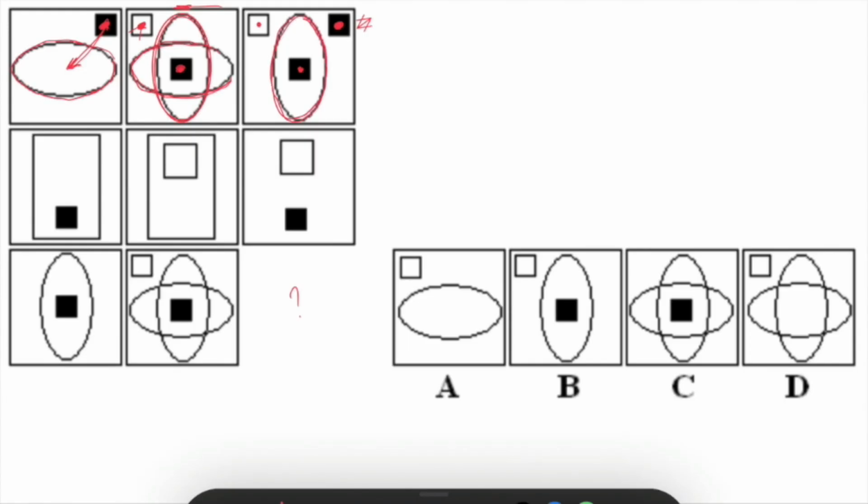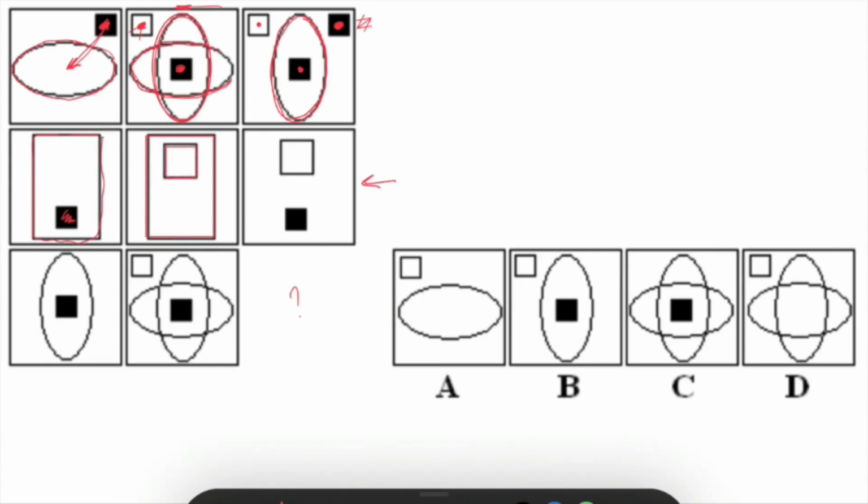In the second row, let's study this row. In the first box we have a big rectangle with a black box at the bottom. We kept the same rectangle, but we eliminated the black box, and we have a smaller white box here.